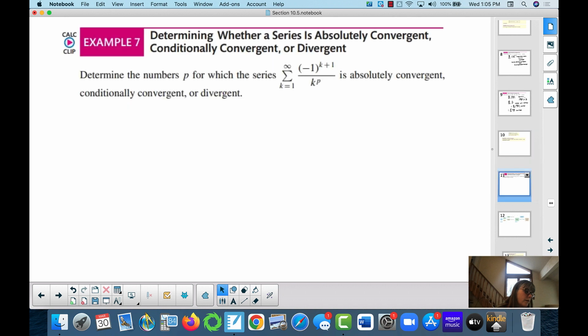So in this particular problem, what we're looking for is, at different values for p, is this series going to be absolutely convergent, conditionally convergent, or divergent? So first we're going to do the absolute convergence test and see, are there any values of p where this series is absolutely convergent?